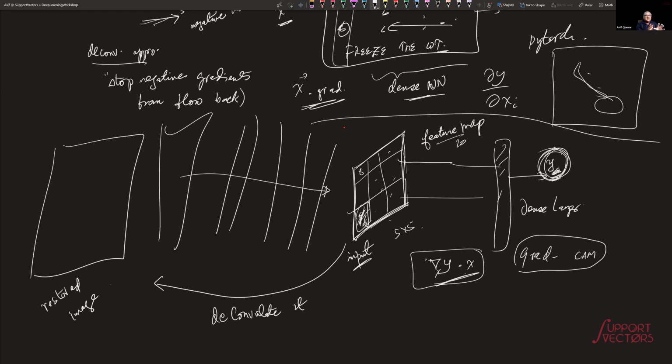It will be just a pixelated version of it. But even though it's pixelated, it will just highlight those regions which are important. Let's say if it is a cat, it will tend to highlight this sort of region, the pixels here. And this is another technique that you use in deep neural networks with images and so forth.